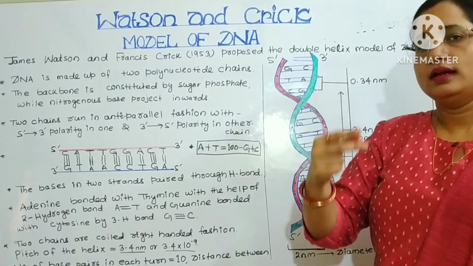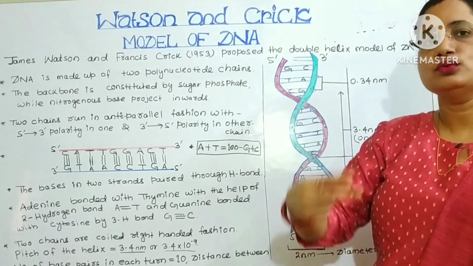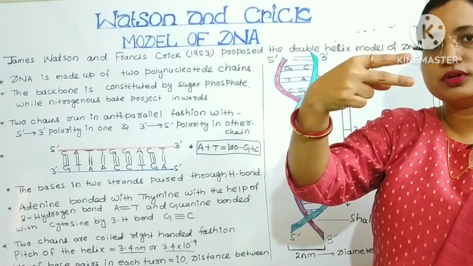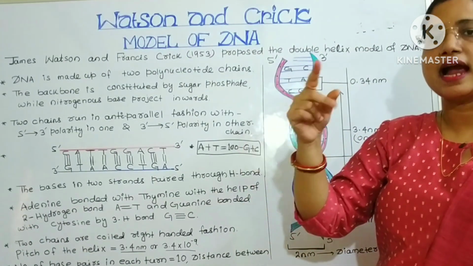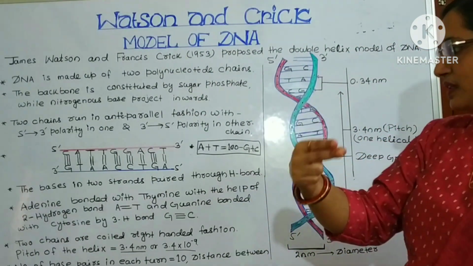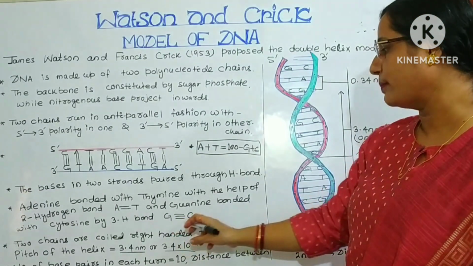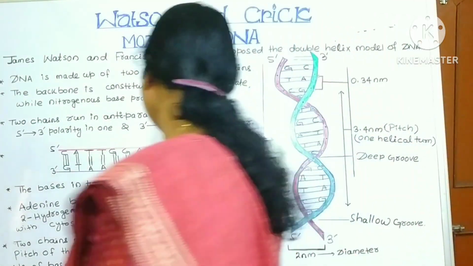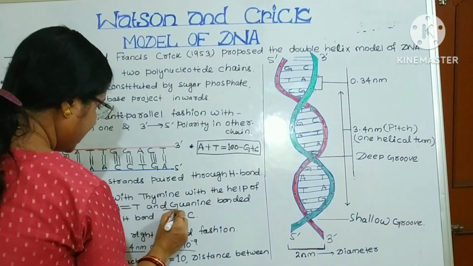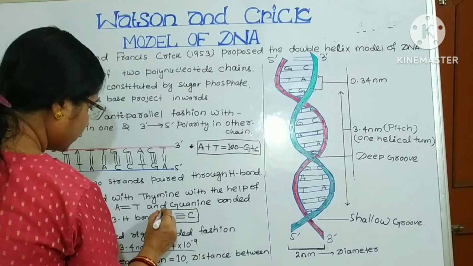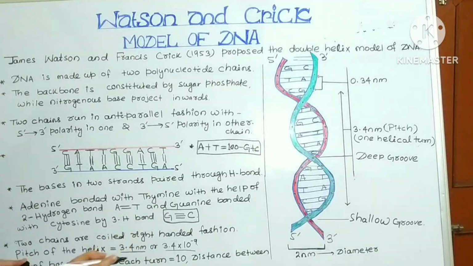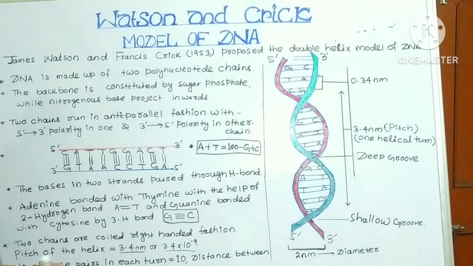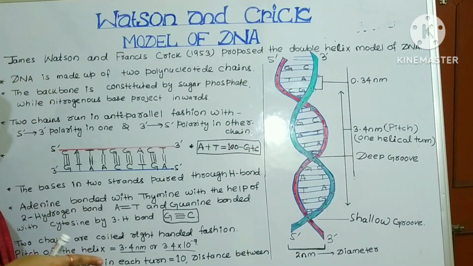Adenine can attach to thymine through two hydrogen bonds, and vice versa. Thymine can bind with adenine with two hydrogen bonds. Like this, guanine binds with cytosine with the help of three hydrogen bonds, and vice versa. Cytosine can bind with guanine with three hydrogen bonds.